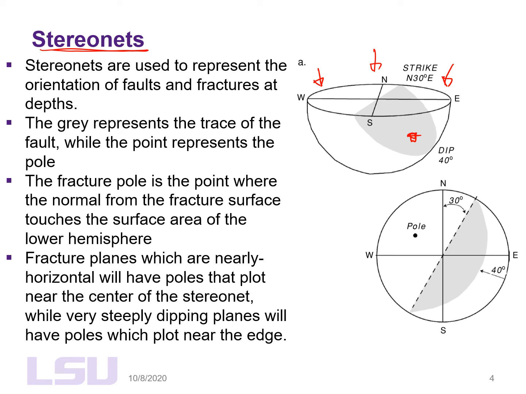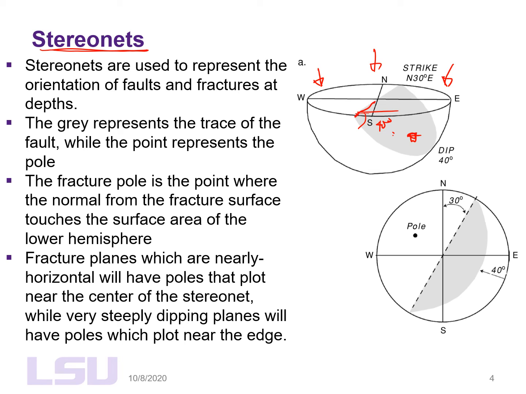So it's inclined at a dip of about 40 degrees. So the angle between this fault and the horizontal is about 40 degrees. That's your dip. Then what is strike? Strike is the trace of the fault plane on the horizontal.